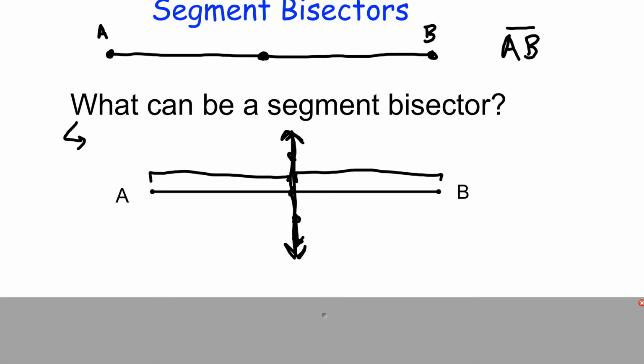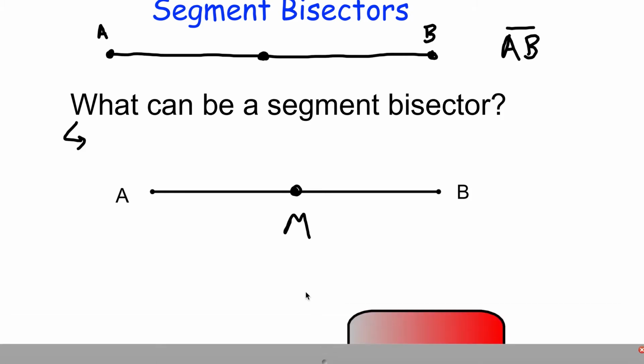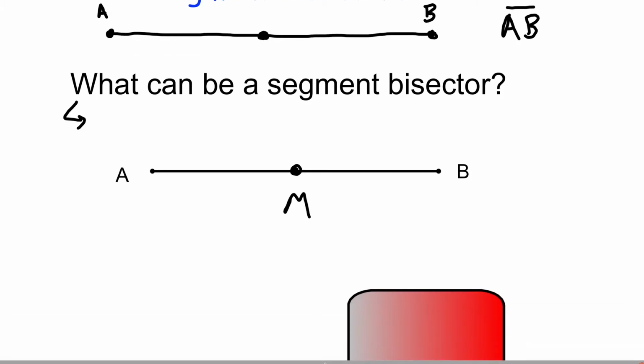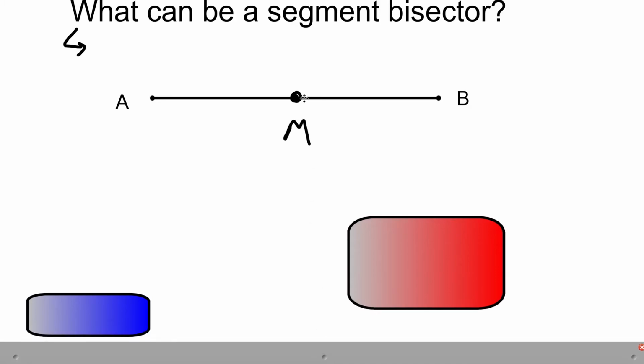So I'm going to come back and I'm just going to make it a point. So I'm going to erase all of this. And on this line AB, I'm going to draw a midpoint that bisects this line. And I'm going to call it M. Now, there's some notation that we do in order to make it clear to everyone that this is a bisector.